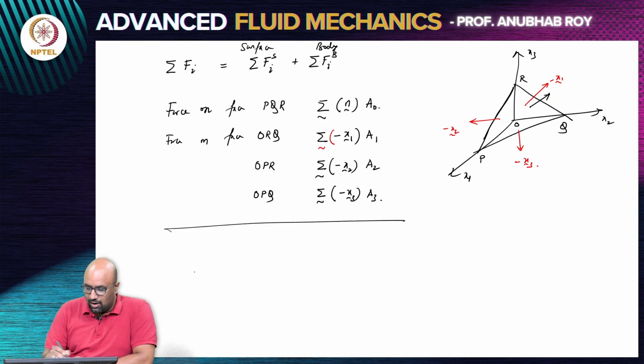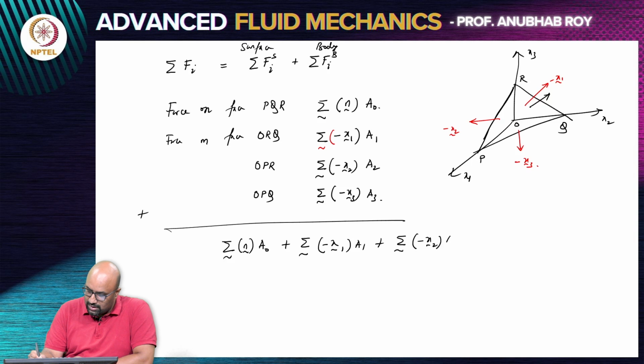So the sum of all the surface forces, if I now add them up, I will have sigma n A naught plus sigma minus x1 A1 plus sigma minus x2 A2 plus sigma minus x3 A3.